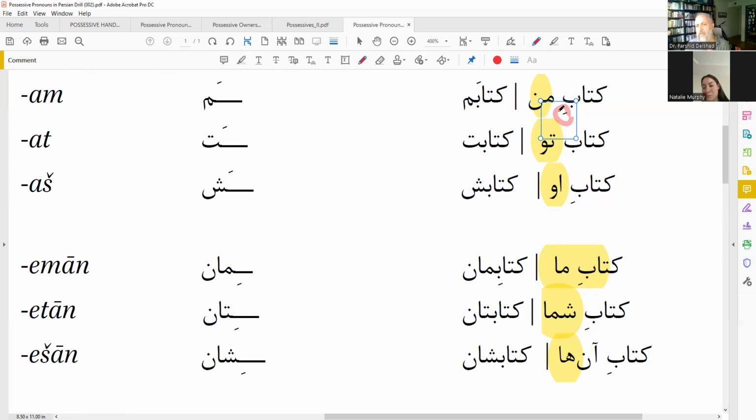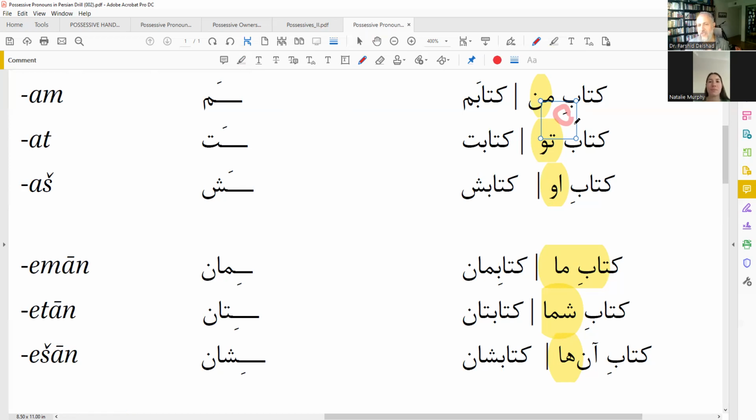That's why we need this a, ketab-e man. Without this a, which we call in Persian the اضافه construction or genitive construction, the whole idea is lost.